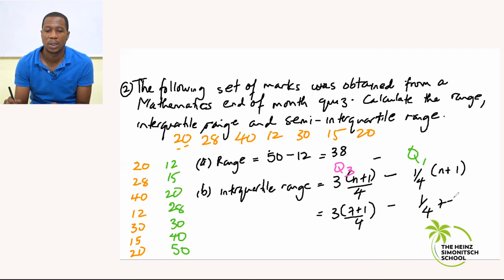And similarly, we have 7 there, so that will give us 3/4 times 8 minus 1/4 times 8, and that works out to be 2, that gives us 6 minus. It gives us 6. Hold on.